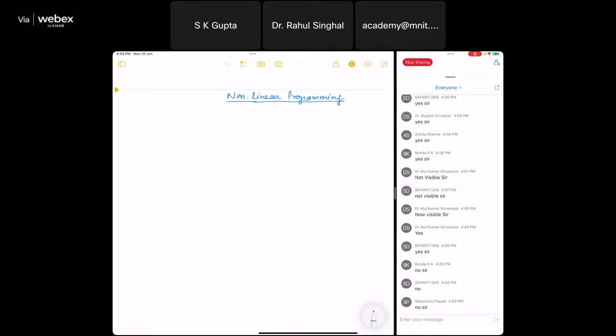In the morning I told you that whenever we formulate a general model for an optimization problem, we always frame it like this: minimum or maximum of f(x) subject to g_j(x) less than or equal to 0, j from 1 to m. So here this function we have to minimize subject to m number of constraints.